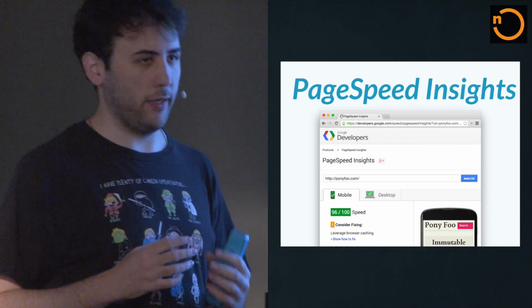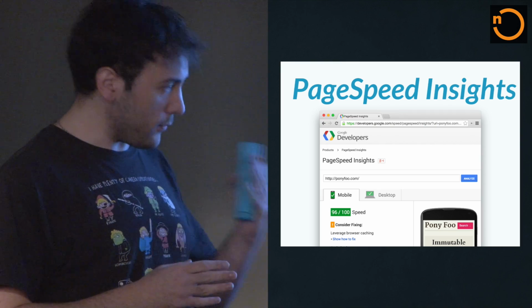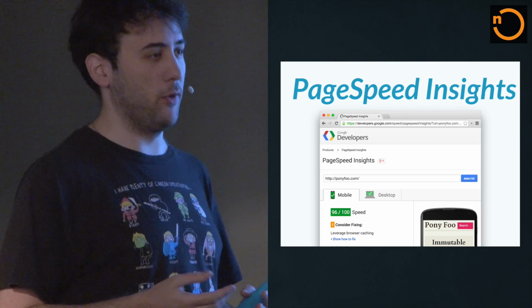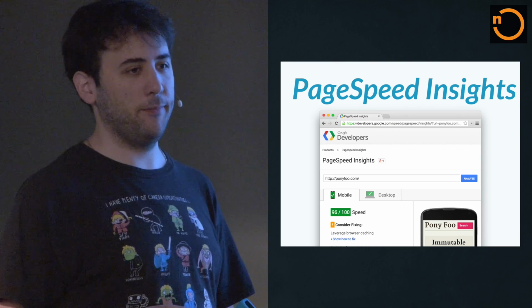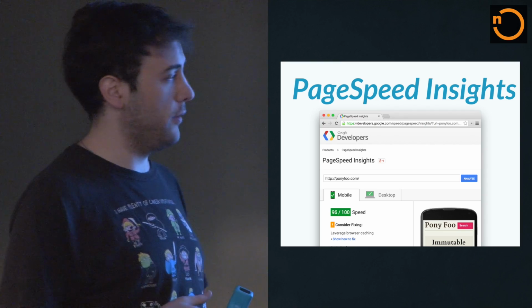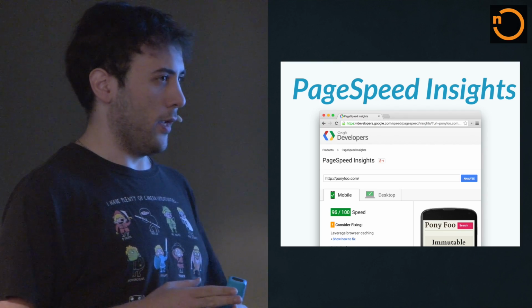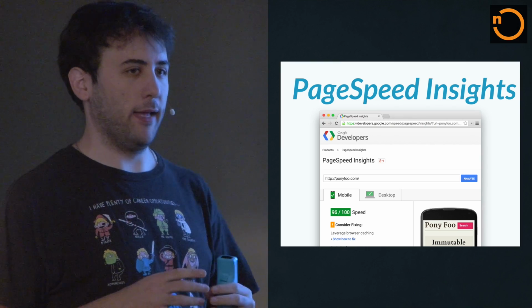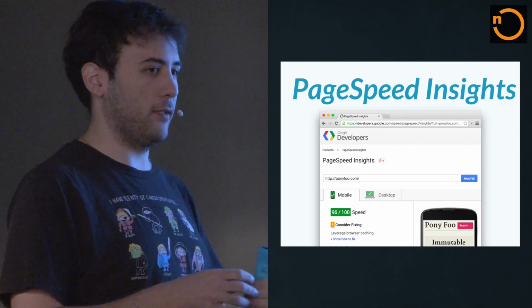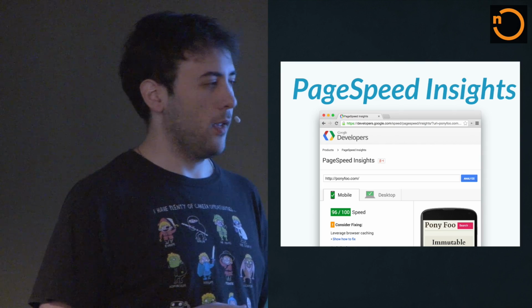And again, it'll give you a set of different rules and whether you pass them or not. But it's also a lot more comprehensive than the DevTools version because it actually has a lot of resources that can help you fix the issues that it finds.